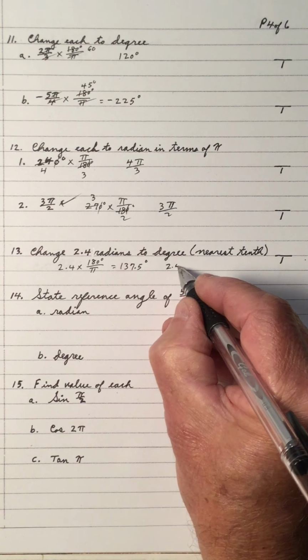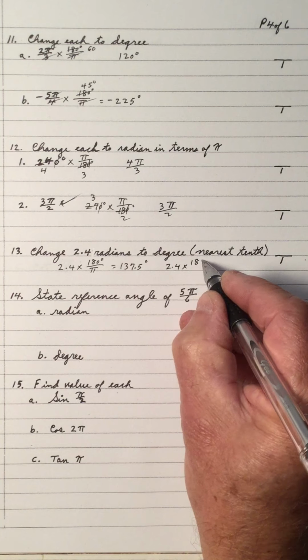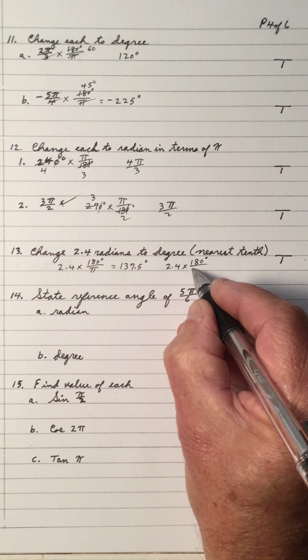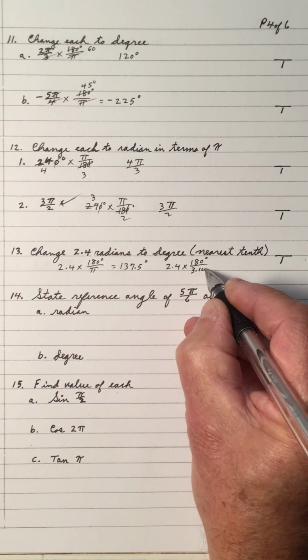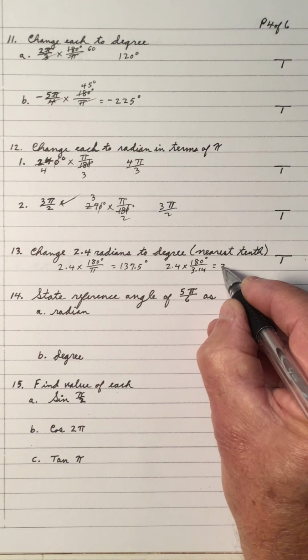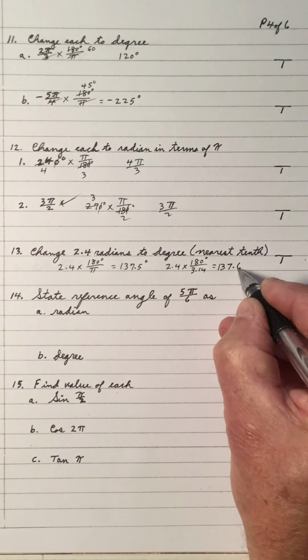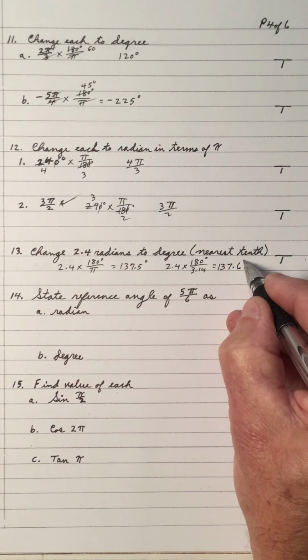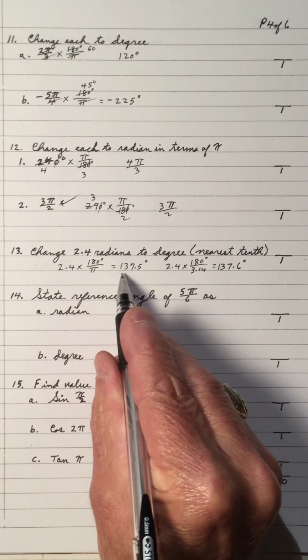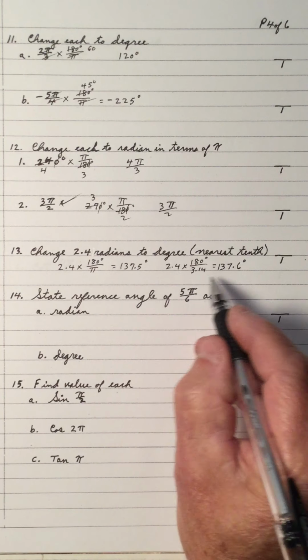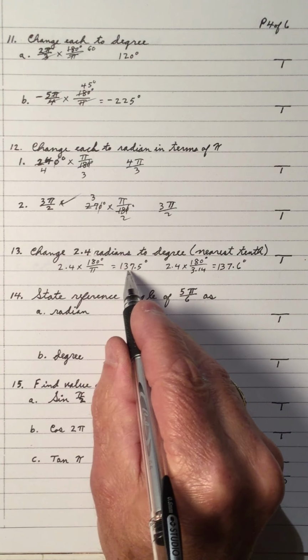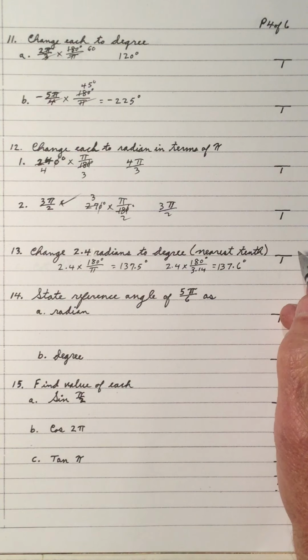But if you did 2.14 times 180 divided by 3.14, that will give you a slightly different answer. So it depends on which one you use. Either way, whether it's pi or 3.14, the answer is 137.5 or 0.6. Give yourself a mark.